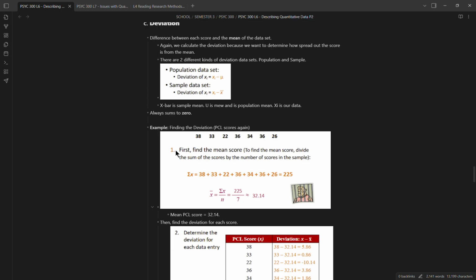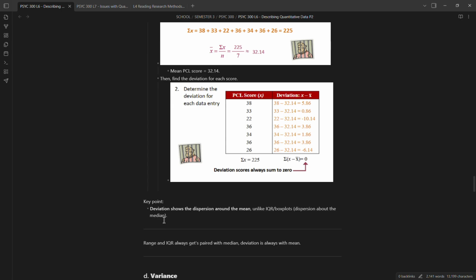Let's find the deviation. So first, find the mean score. That's a very long-winded way of saying what I'm about to say. So first, let's find the mean, right? If we're looking at PCL, remember it's 38, 33, 22, 36, 34, 36, 36. If you look at the screen, you'll be able to see. Let's find the mean.